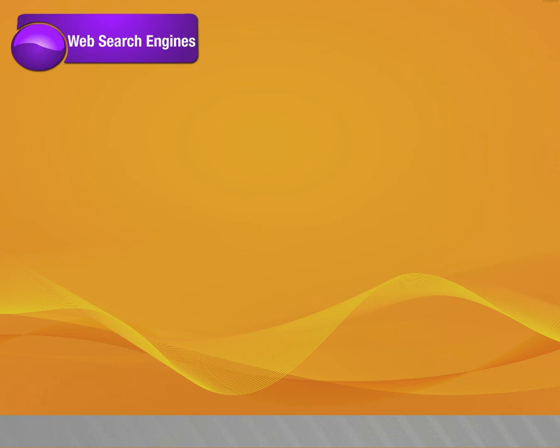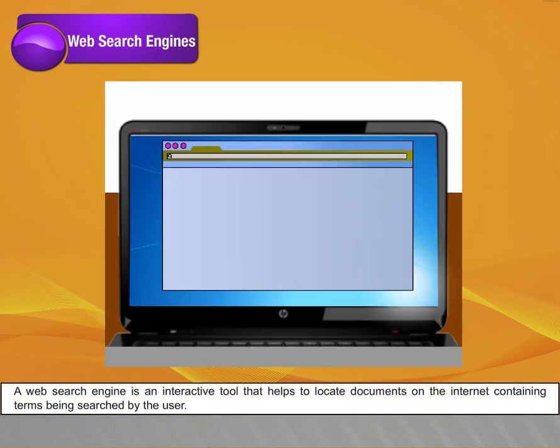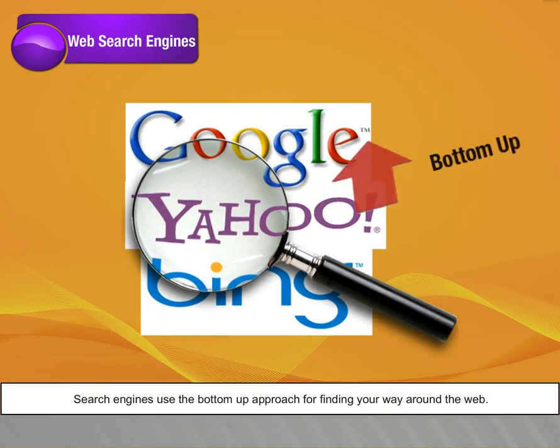Web search engines. A web search engine is an interactive tool that helps to locate documents on the internet containing terms being searched by the user. Search engines use the bottom-up approach for finding your way around the web.